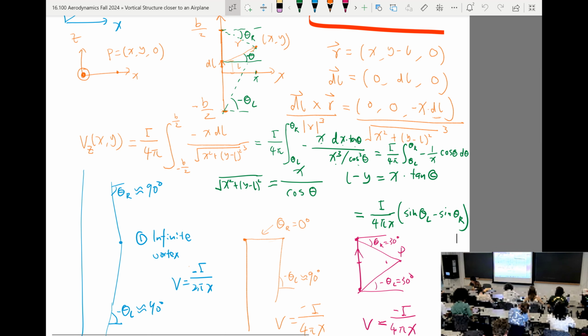So this would be theta L to theta R, and I have a minus x, and okay, so what is dl? Let me first say a little bit what is l. So l minus y. Actually, let me just do it the other way.